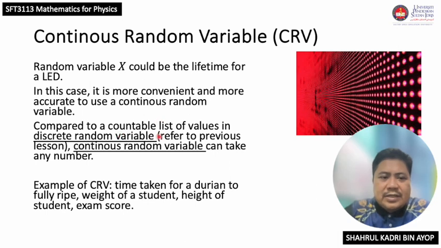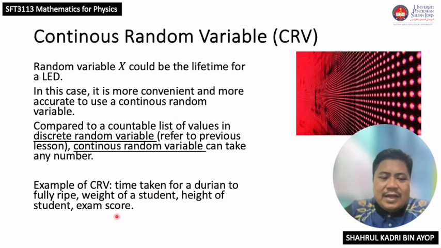Compared to a countable list of values in discrete random variables, which we learned about in the previous lesson, a continuous random variable can take any number. So not only 1, 2, 3 failures, 4 failures, or 4 successes, 3 successes, and so on. Here we can have any number, like 3 hours. For example, a continuous random variable is the time taken for a durian to fully ripen: it takes 5 days, 5.5 days.